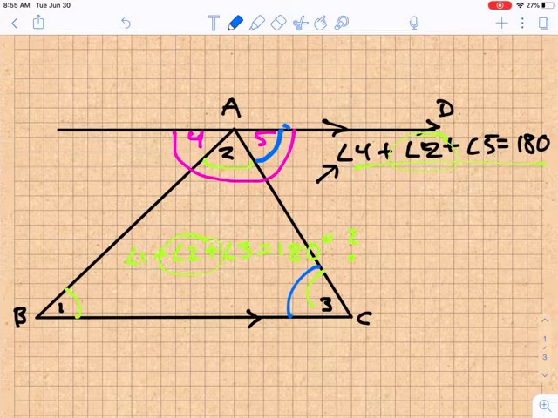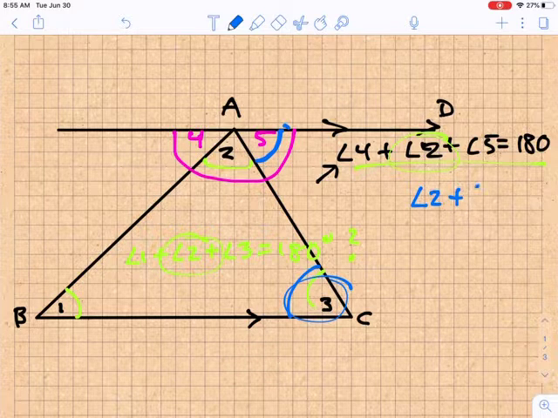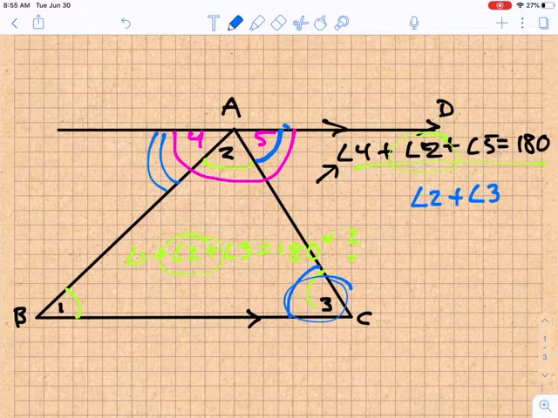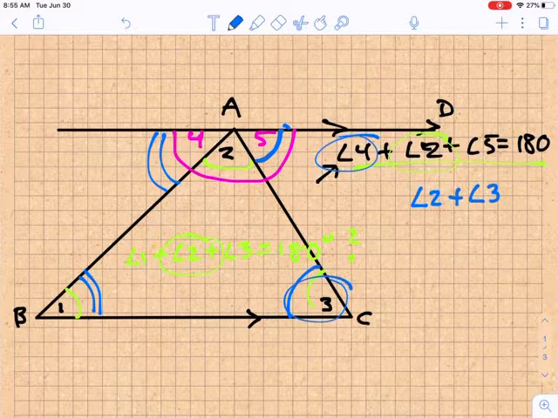That means they're congruent, so technically you could substitute angle 3 for angle 5. So we've got angle 2, and instead of writing angle 5, we write angle 3. Then angle 4 over here is an alternate interior angle with angle 1, so instead of writing angle 4, you can write angle 1.